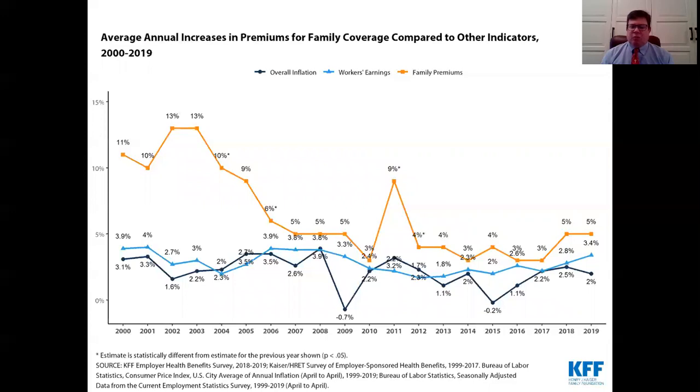One thing to be mindful of was that was in a really good economy. When we see bad economic times, we see that workers' earnings are less robust. More people are employed now, so workers' earnings have gone up. But in every single year on this chart, since the year 2000, we have seen the family premium costs go up for individuals far more than what they were getting in more earnings.